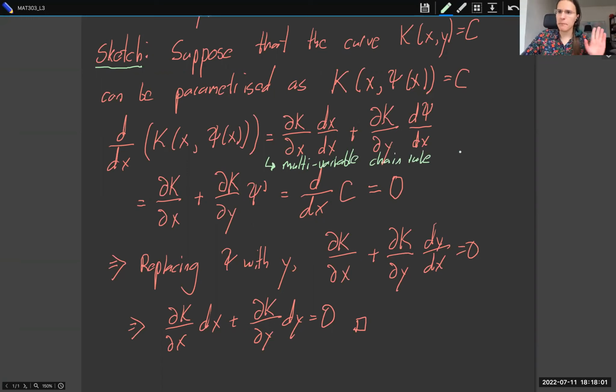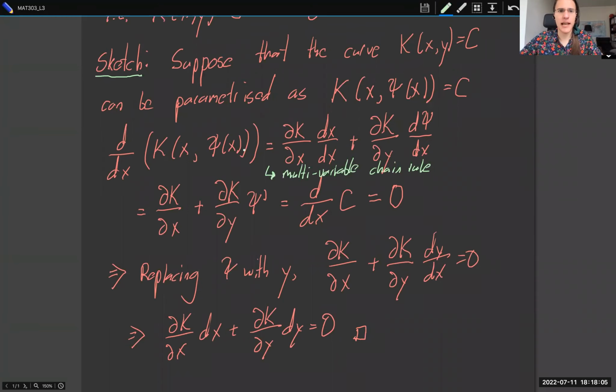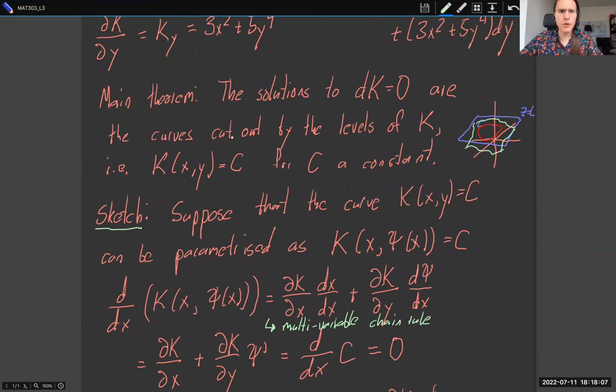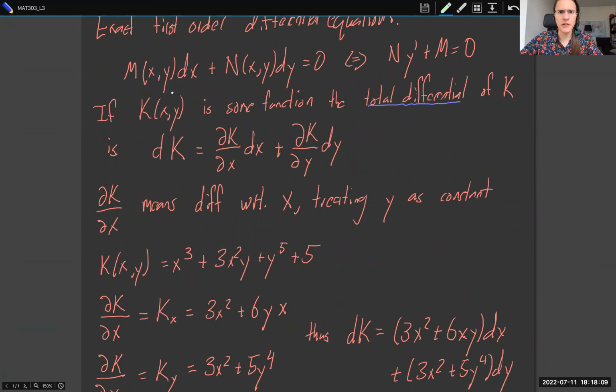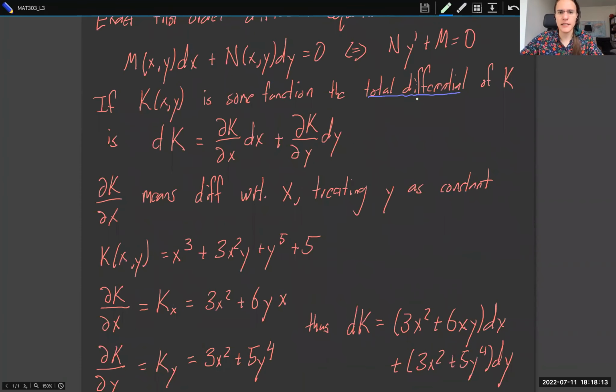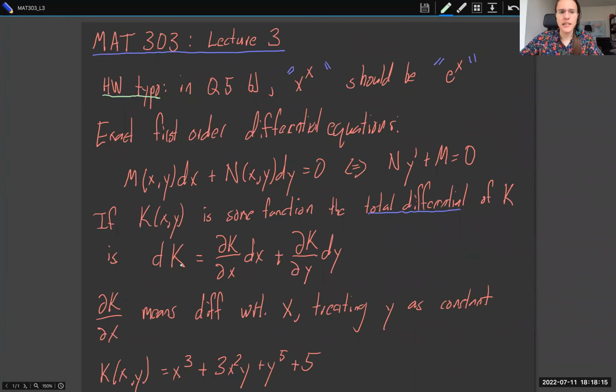I won't review that because it's not relevant. The main takeaway from this is that if you have an exact differential equation, then the curves k(x,y) equals c are solutions to the differential equation.